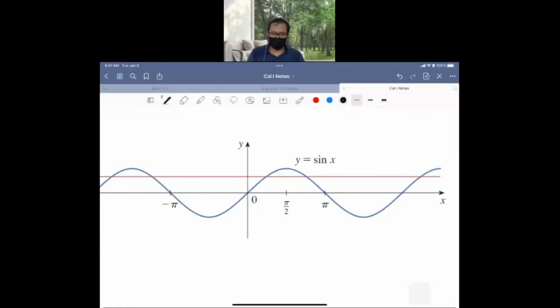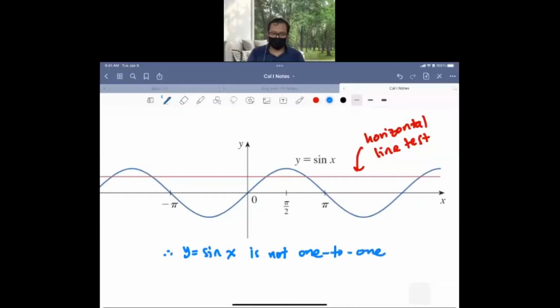We have a horizontal line, and of course, with this horizontal line test, we can write that this function, the sine, is not 1 to 1, because of the horizontal line test, right?